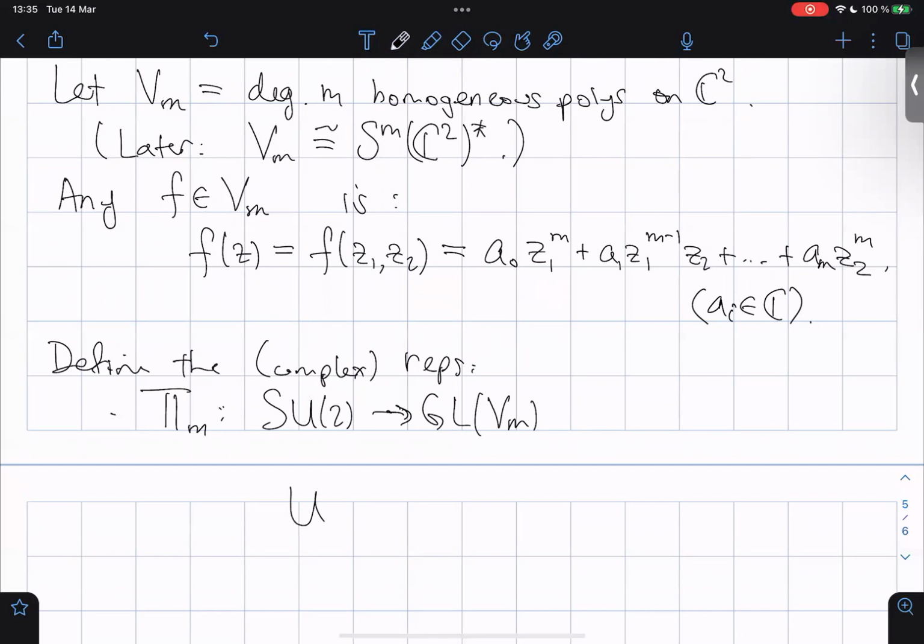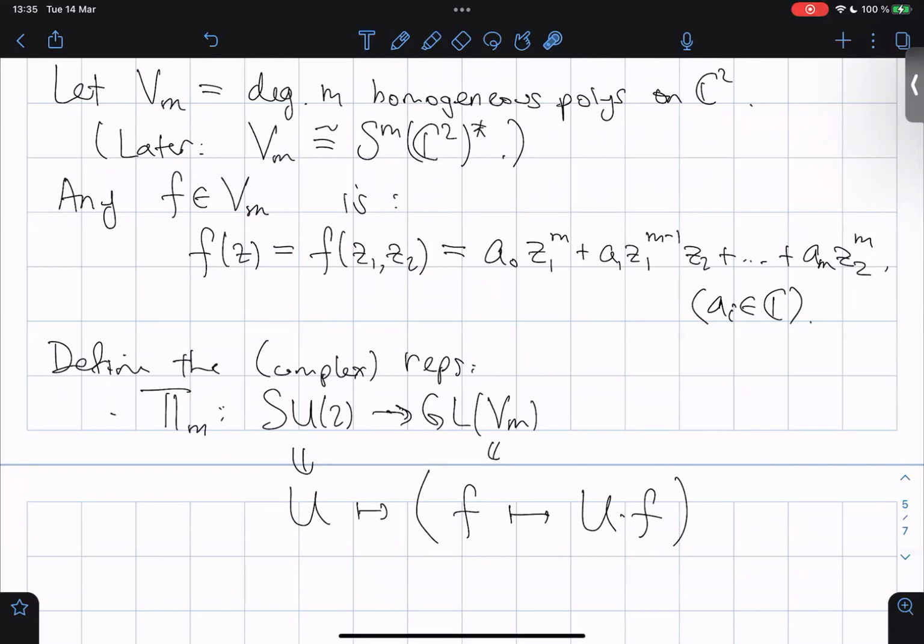Given a U, a unitary matrix here, I'm going to assign to it... given an F in V_m, I have to tell you what this symbol means, U dot F. It's going to be another polynomial. So what is this polynomial?